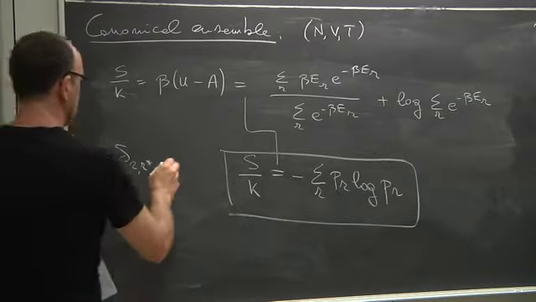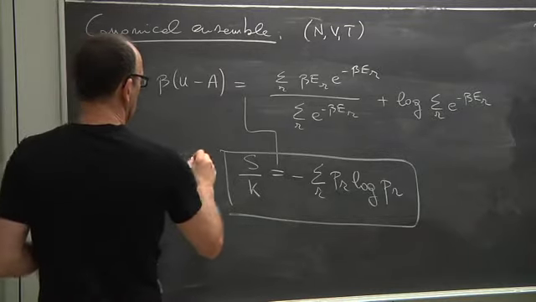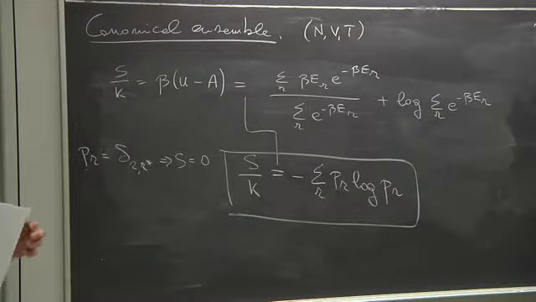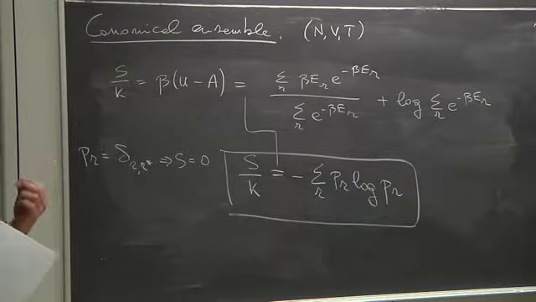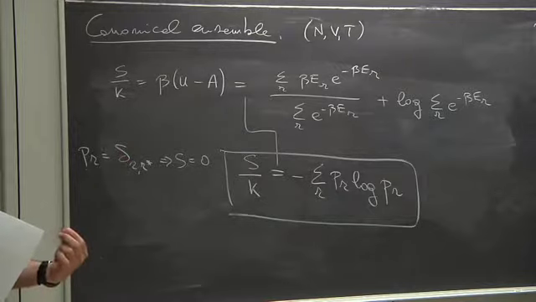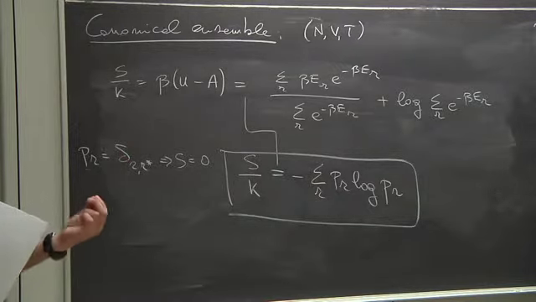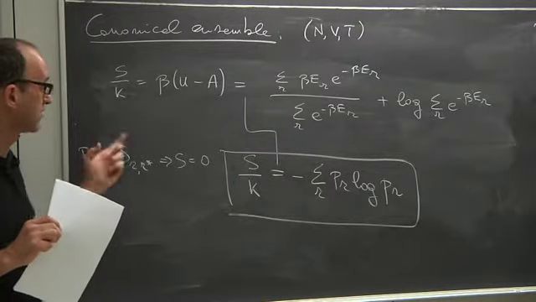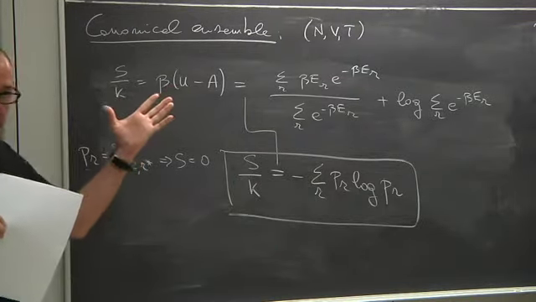Then this corresponds to entropy equal to 0. In that case, if you know the macrostate, you know the microstate. There is no uncertainty. There is only one microstate which corresponds to that macrostate.